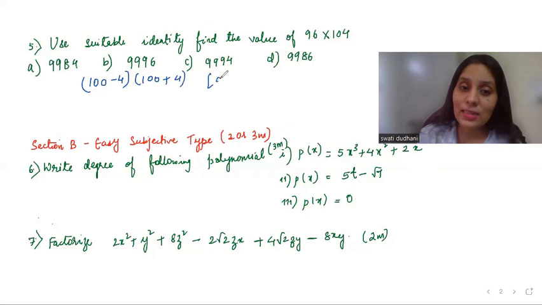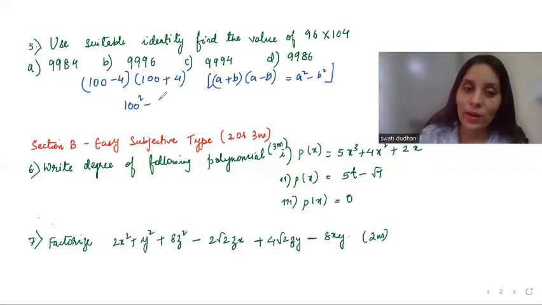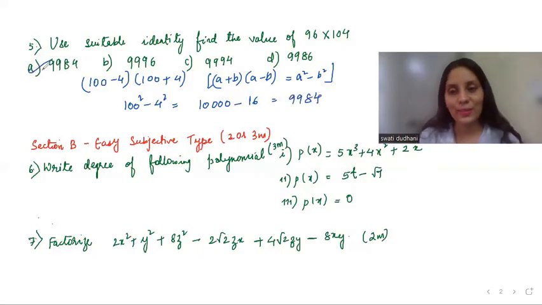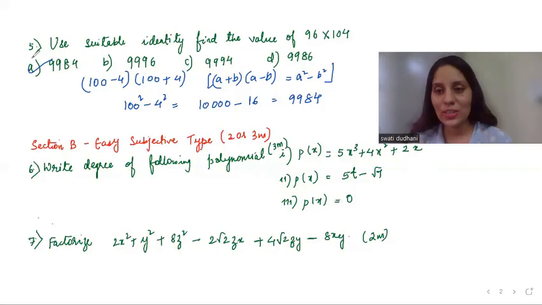Here I can see that this is in the form of a plus b into a minus b, which is a square minus b square. So 100 square minus 4 square, which is 10000 minus 16, which will give you 9984. Option A.